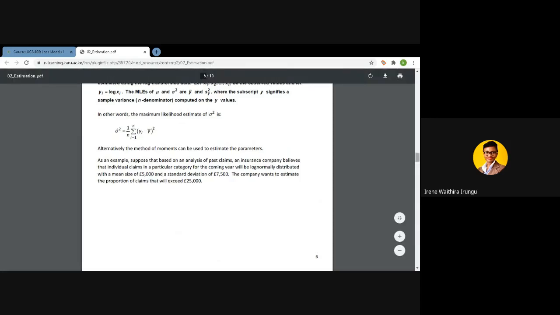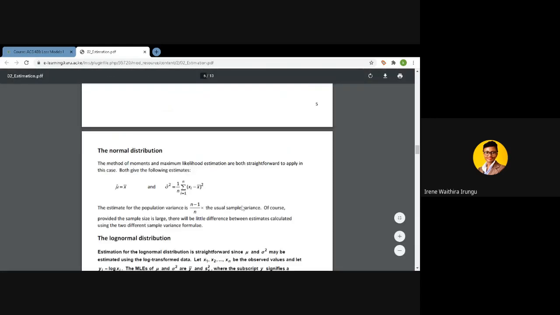So we need to use these to obtain the parameter estimates so that we can determine the probability of a claim exceeding our value of 25,000. So we will use this particular approach where we equate the corresponding parameters that we want to estimate to the respective sample estimates.